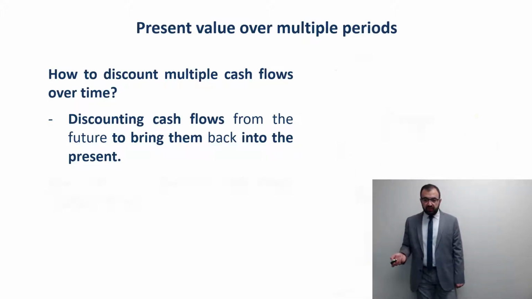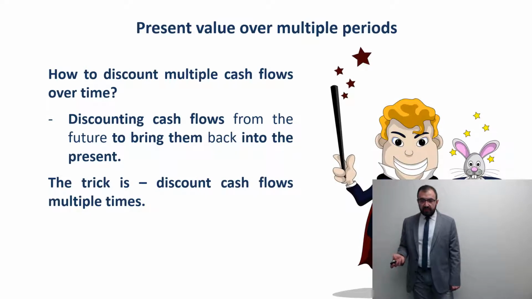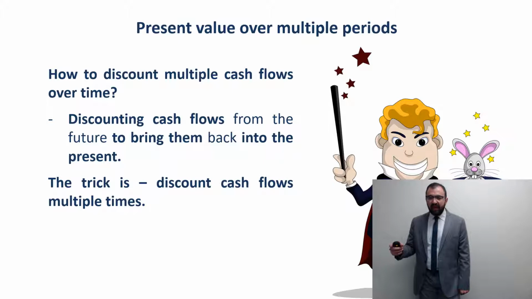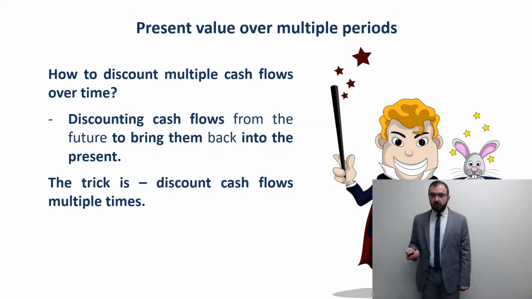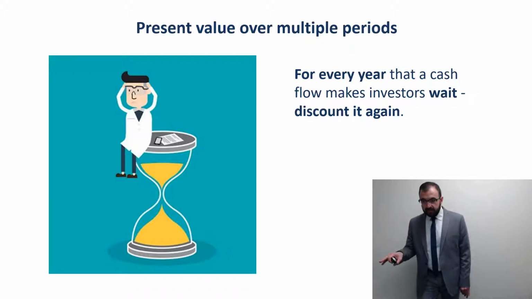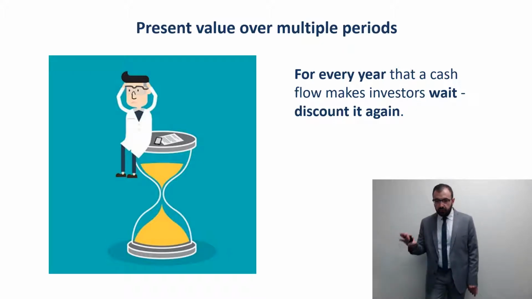The only trick is that if an investor waits more than 1 year, we have to discount cash flows multiple times. For every year that a cash flow makes investors wait, we have to discount it again.